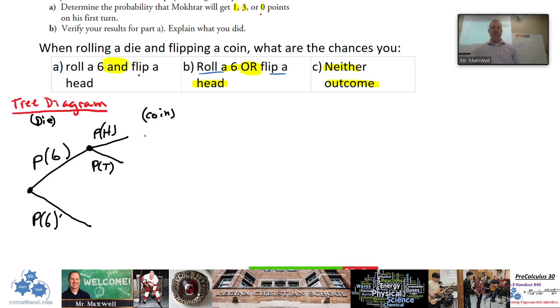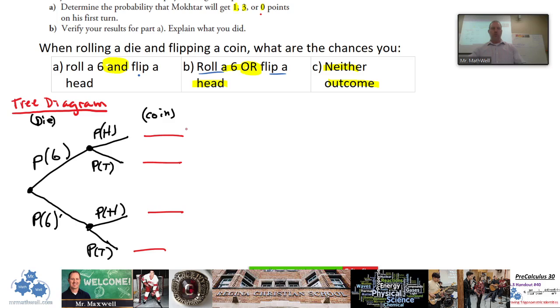Then I'm going to put lines here for all these outcomes. Over here, if you don't roll a 6, you could still flip a head, right? So probability of a head here and probability of tails here. And then your outcomes there.